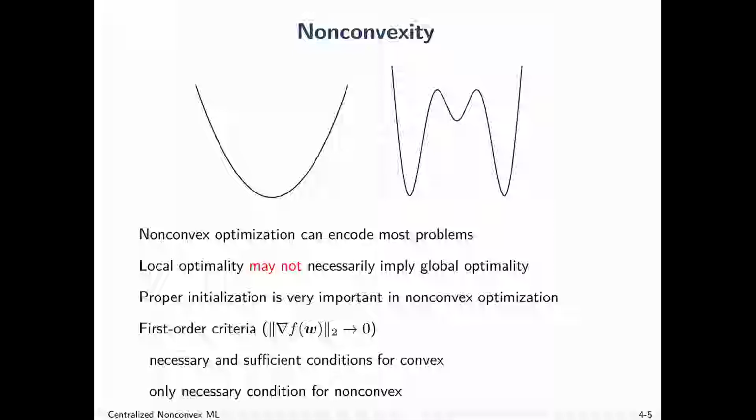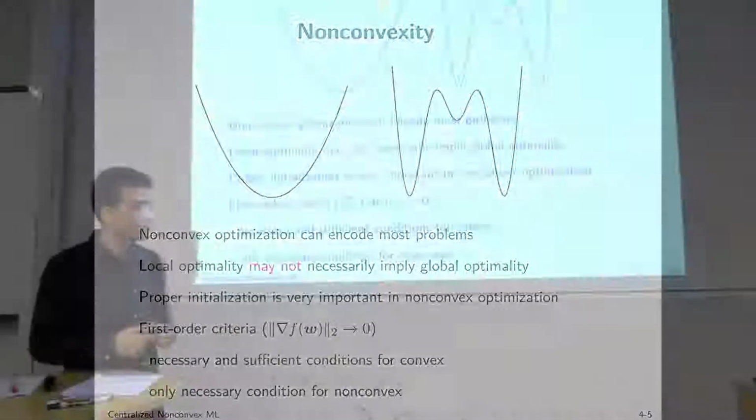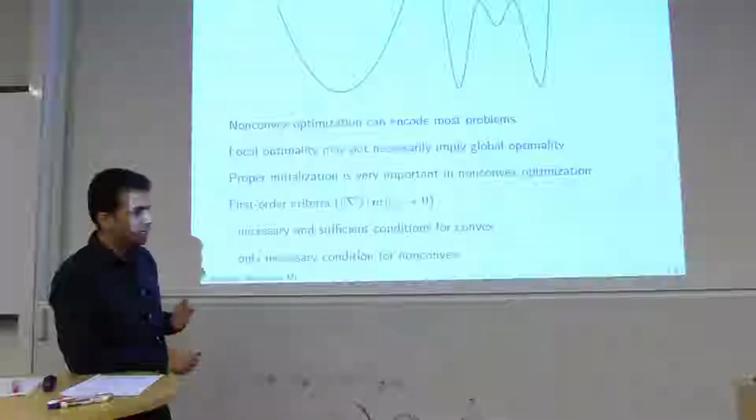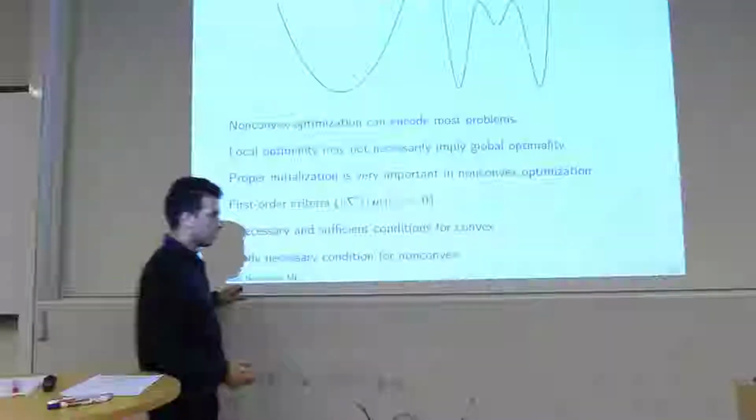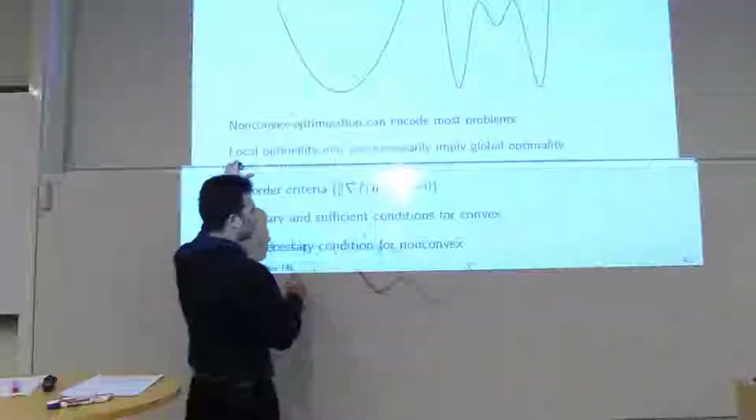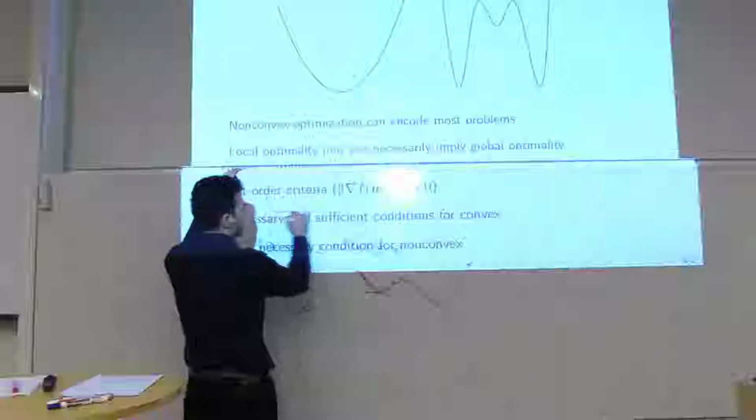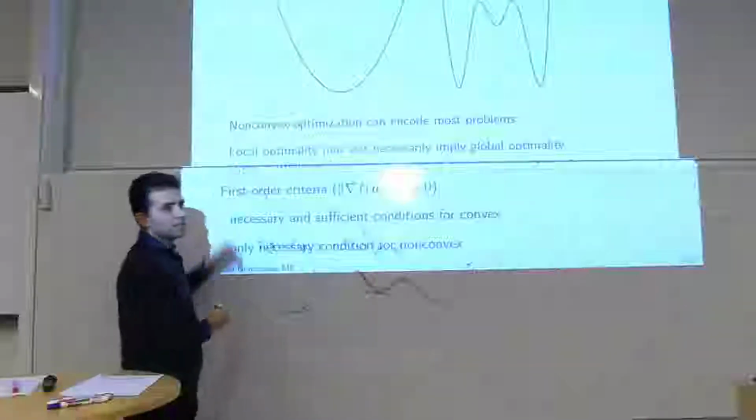You will see in 2 or 3 slides from now that you can have lots of points where the gradient vanishes, but the point is neither a local minimum nor a local maximum. First of all, we cannot say anything about the global position of that point, whether it is a globally optimal point or not. But even more than that, we cannot even say whether it is a local minimum or not. One very simple example in 2 dimensions is this curve, where the gradient is actually 0 here.